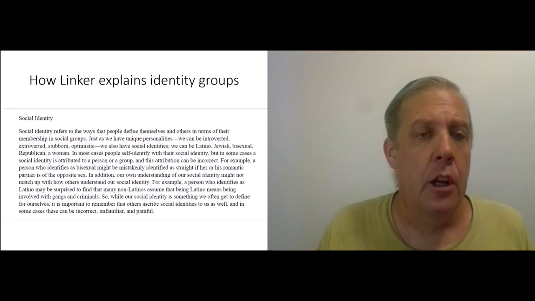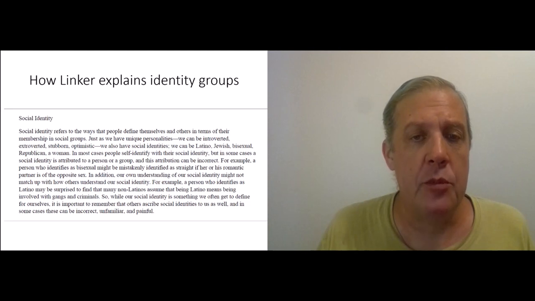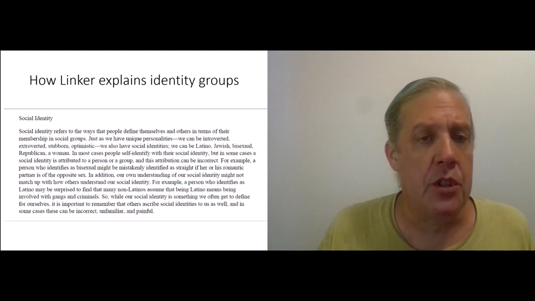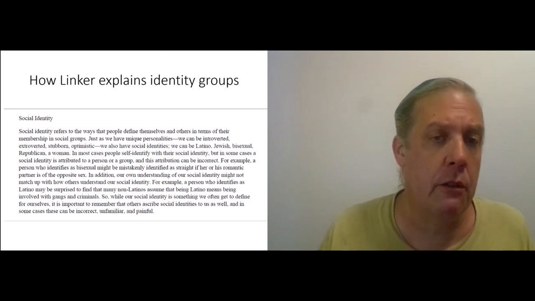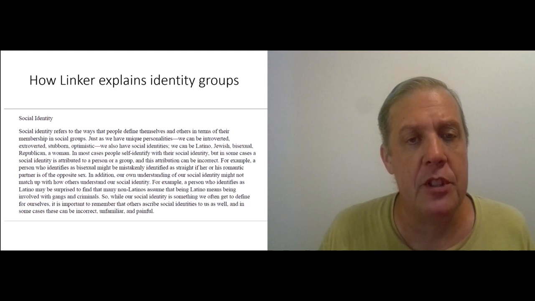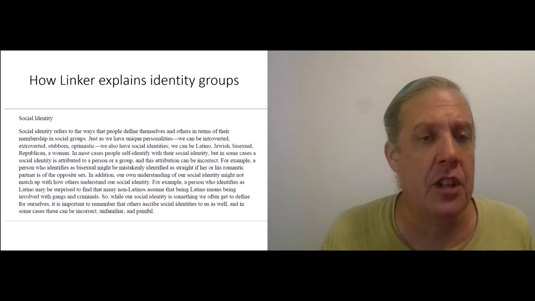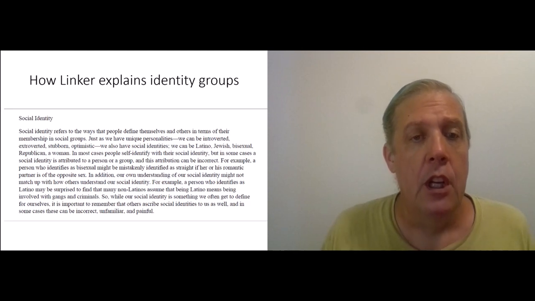Social identity refers to the way that people define themselves and others in terms of their membership in social groups. Just as we have unique personalities, we can be introverted, extroverted, stubborn, optimistic. We also have social identities. We can be Latino, Jewish, bisexual, Republican, a woman.